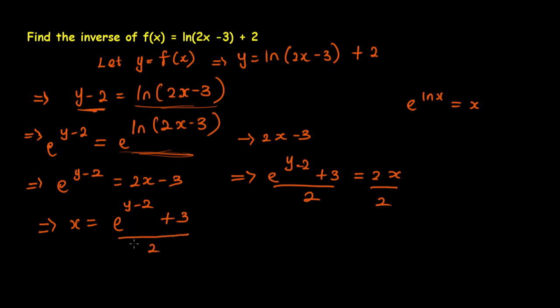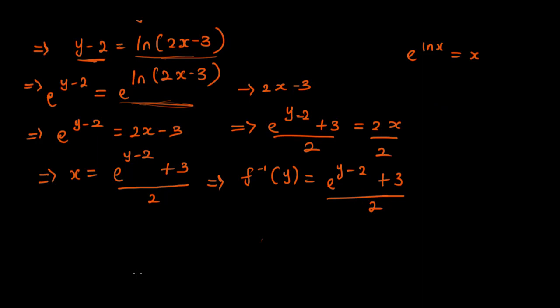So now the next step is to set x to be f inverse of y. So this implies that f inverse of y will be equal to e raised to power y minus 2 plus 3 divided by 2.